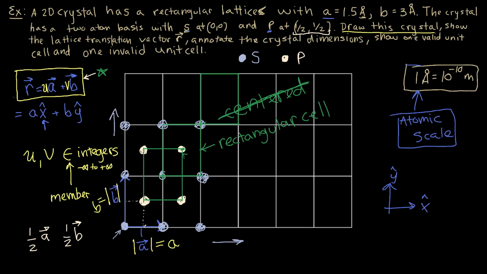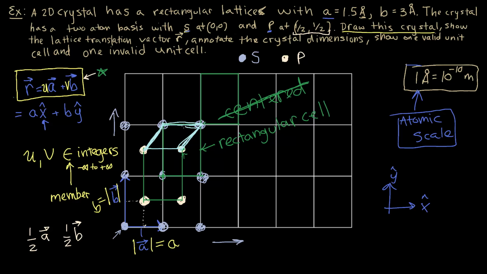The problem also asks us to draw an invalid unit cell, which I can see here already. That would be this one, which looks like the parallelogram cell that we saw in the previous example, but it isn't.